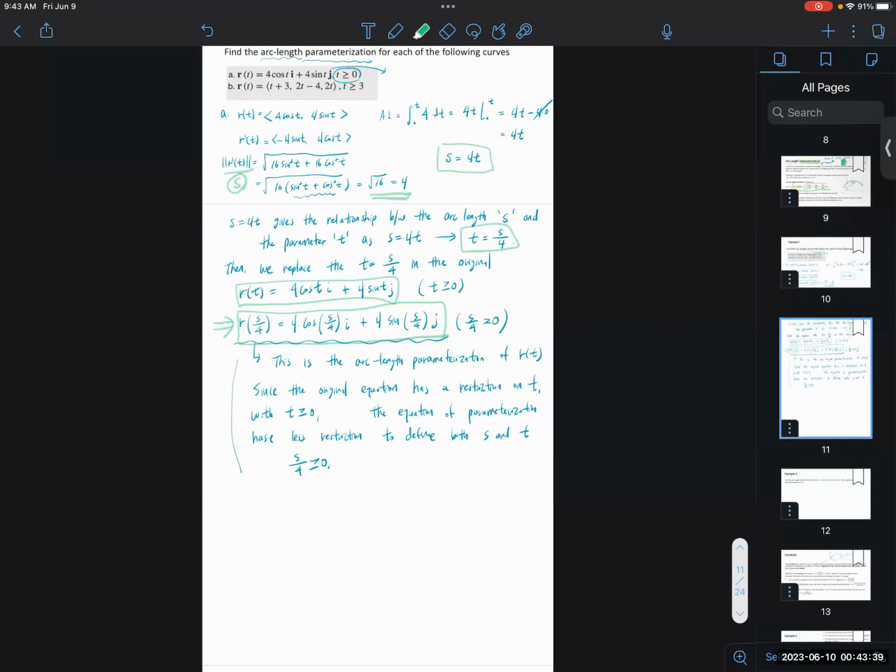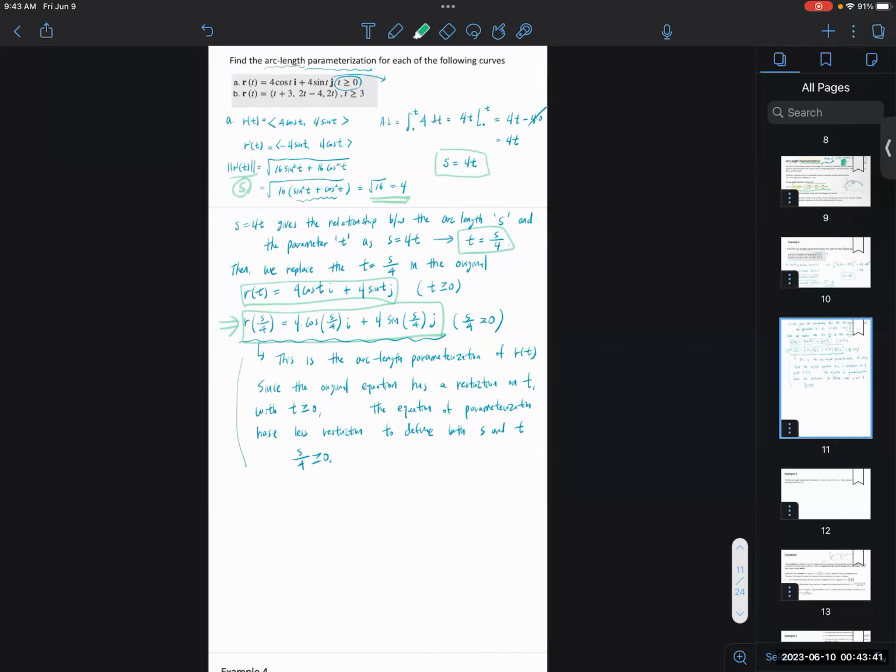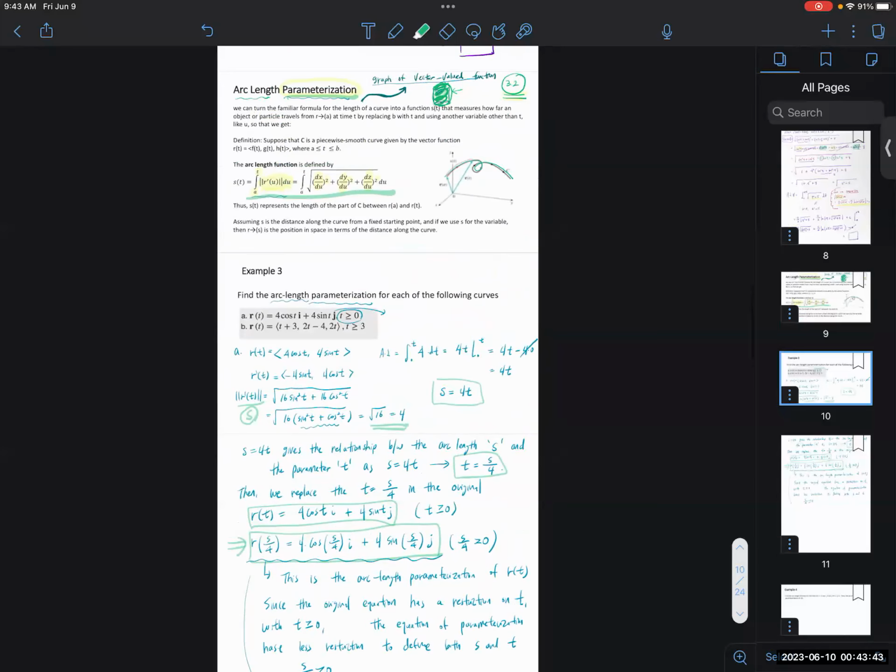So that's what they mean. They're the same meaning, but as you remember, parameterization is the graph of the vector valued function, and particularly the parameterization is going to create a shape such as a cylinder, helix, or cone.